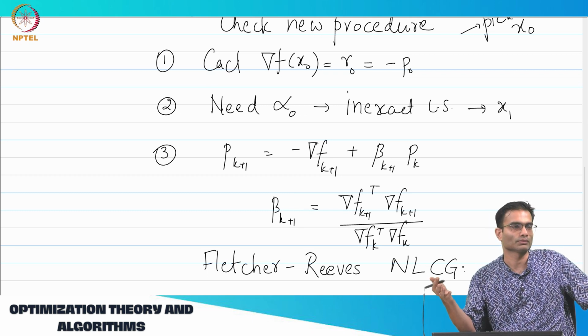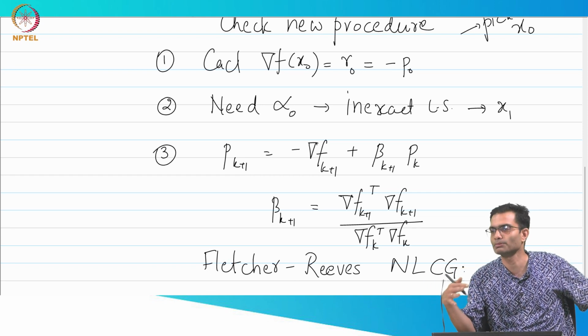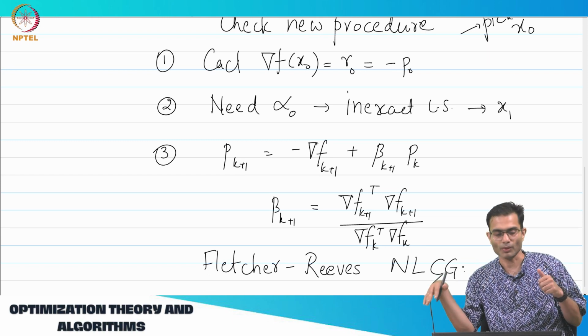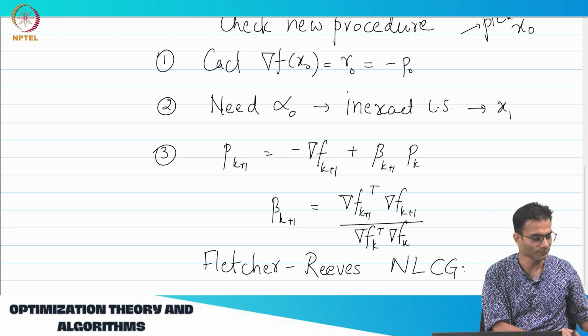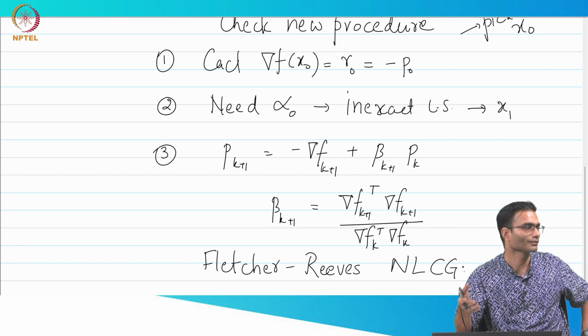It looks very simple because minimum modifications to the usual linear CG have been made, right? What is missing over here? We have no idea that this is going to work.